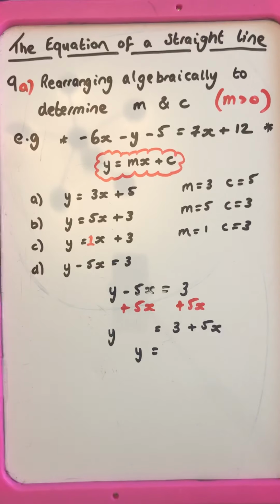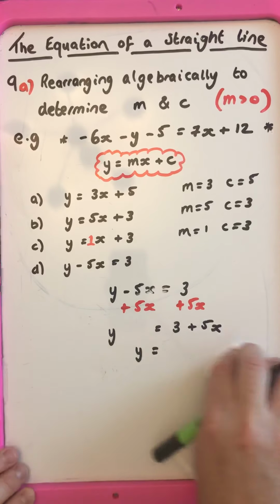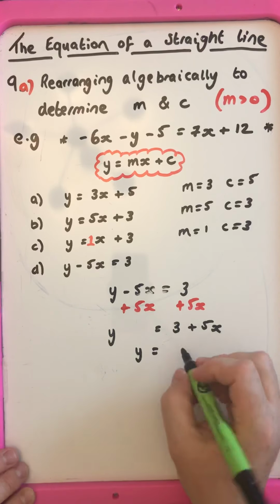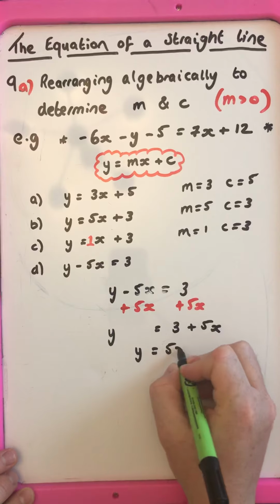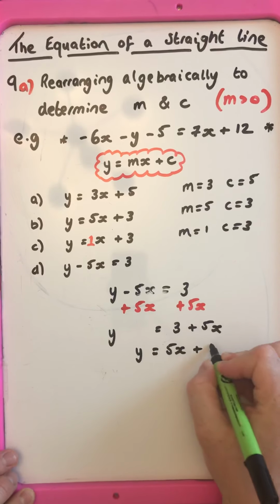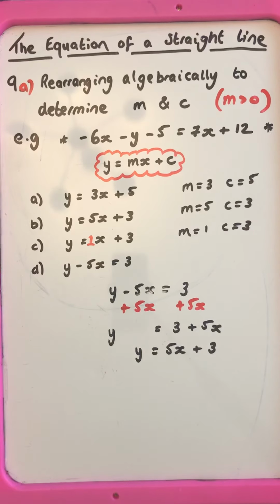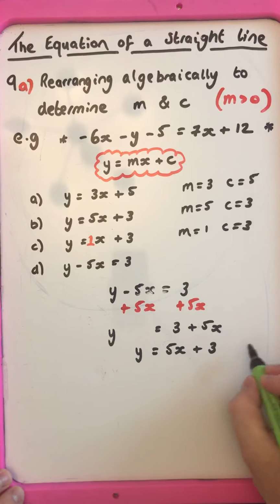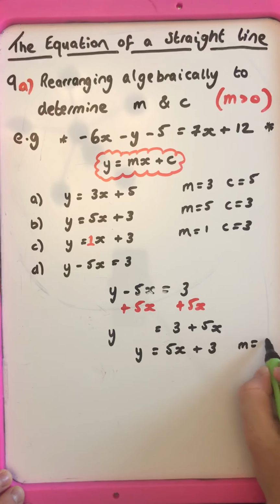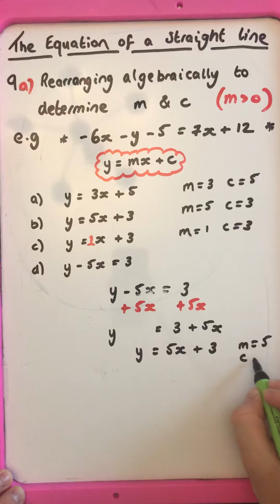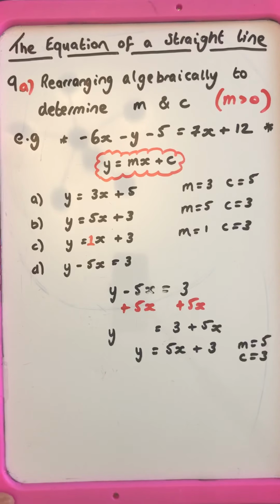Once you've rearranged it, and if you're happy with this form, extract the gradient and the y-intercept. If you need more time to convince yourself, or you need another process, then rearrange it into this form. Gradient is 5, y-intercept is 3. And you'll see that was the exact same question as the one that we'd done earlier on.